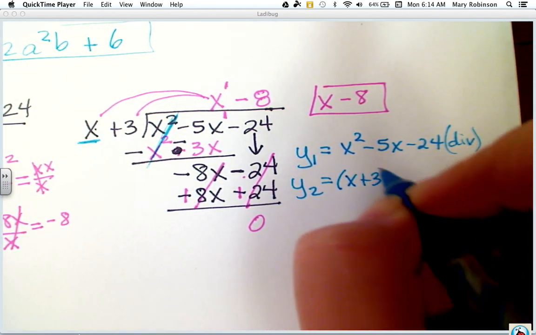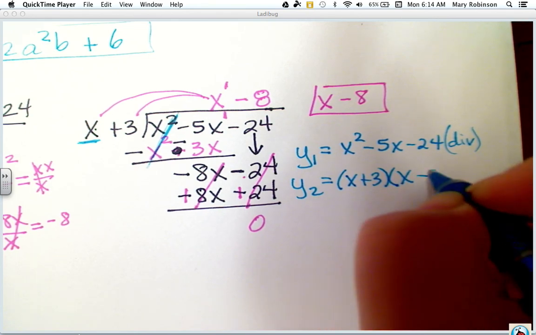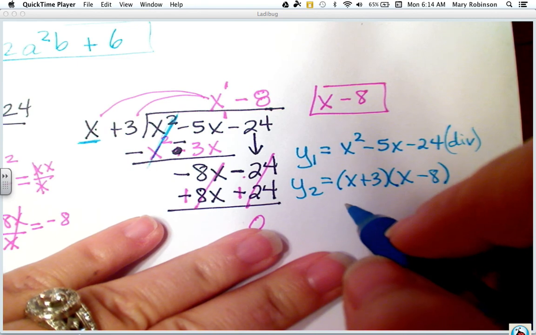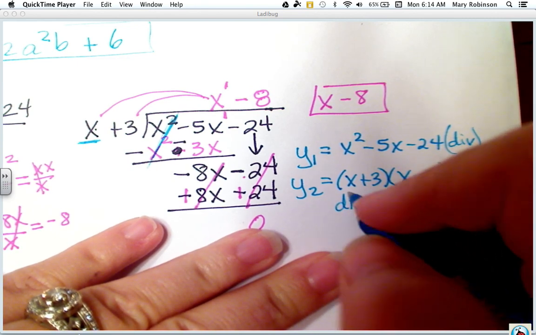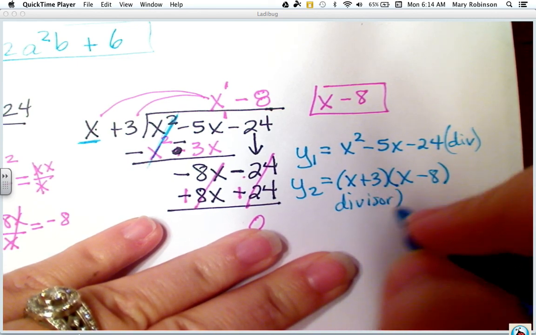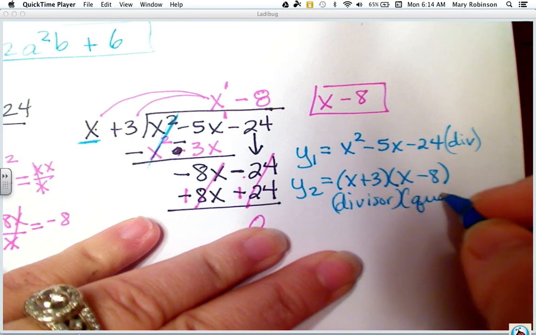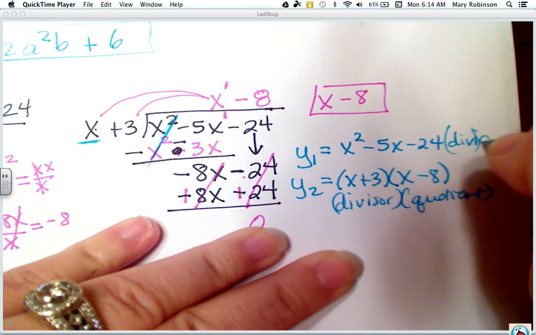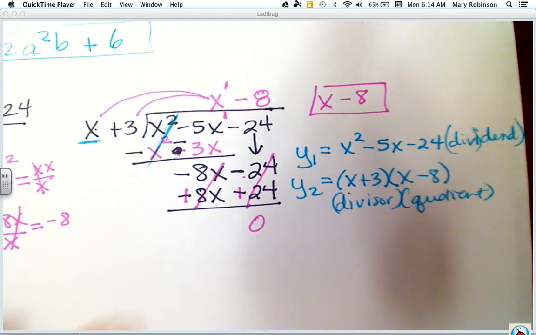So if you put in x plus 3 times x minus 8 and check your table, it should match. Again, that was the divisor times your quotient. This was our dividend. So you can check your answer in your calculator to make sure that it matches up. Your answer here was x minus 8.